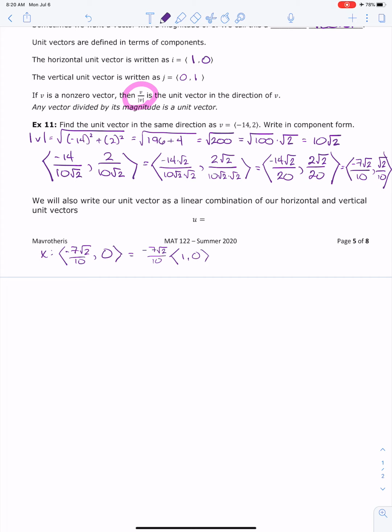And up above, we said that that is the unit vector i. So that means our unit vector in the same direction as v can be written as negative 7 times the square root of 2 over 10 times i, which is our unit vector in the horizontal direction, plus, let's take a look at our vertical component, square root of 2 over 10 times j. And that is our unit vector in the vertical direction.